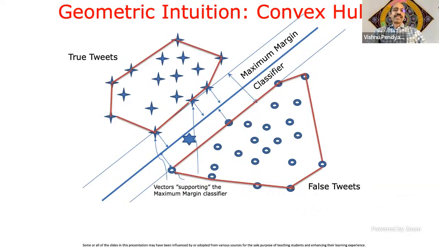Say these are all the pins on both sides of a board, and you are given a rubber band which is tight enough to go around the pins. You will probably end up in a shape like this. That is the intuition of a convex hull. Why is it called convex? Because convexity is an important property in geometry and also in machine learning, traditional machine learning particularly, because most of the optimization that we are going to do in machine learning is convex.